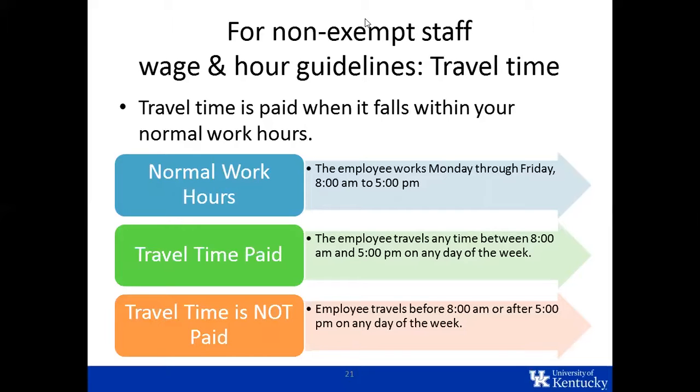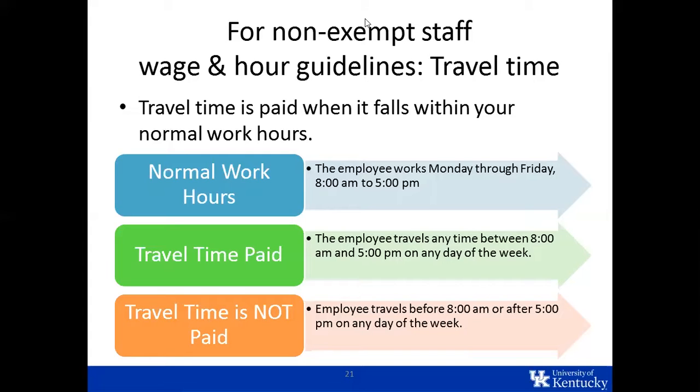When you are exempt, you can fly at any time, and it doesn't matter, because the idea is that you're going to do whatever is necessary in order to get the job done. So if you fly on Sunday, you're still expected to work a full work week in order to get the job done.